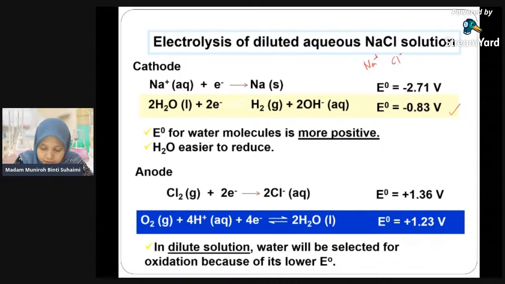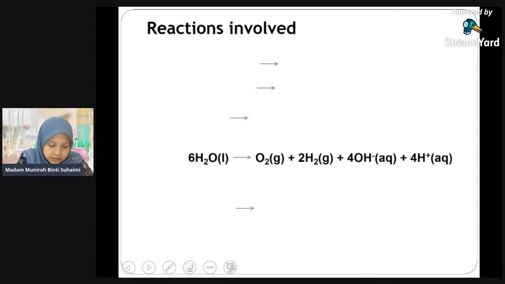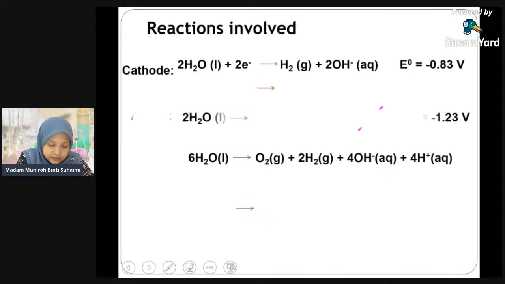So for the cathode, water, and the anode also water. This is the reaction involved at the anode and at the cathode.